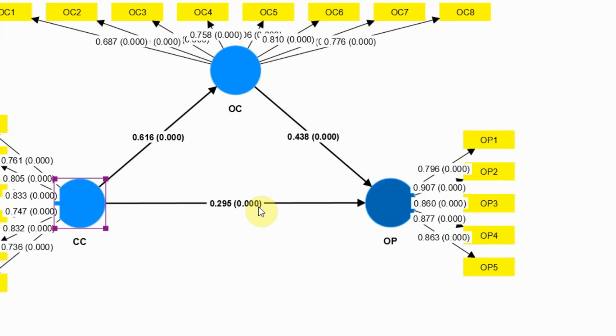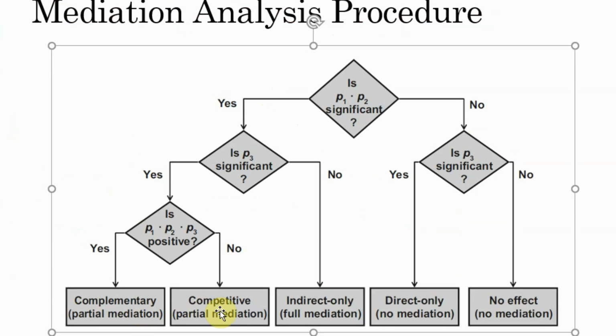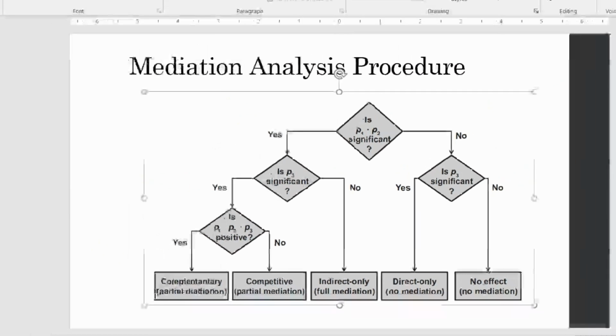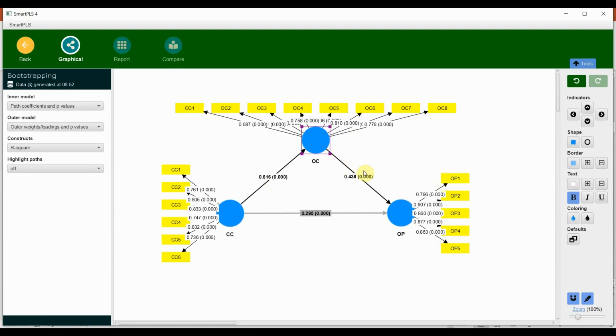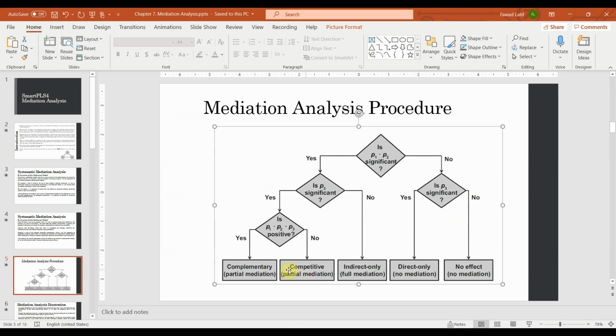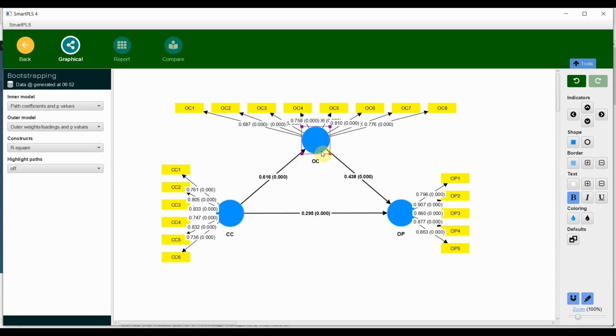Now that both paths are significant, is it complementary or competitive mediation? If you multiply P1, P2, P3, is the sign negative? No, it is positive. So this is complementary mediation. If any one of them had been negative, this would have been competitive mediation. In this case, it is complementary partial mediation.